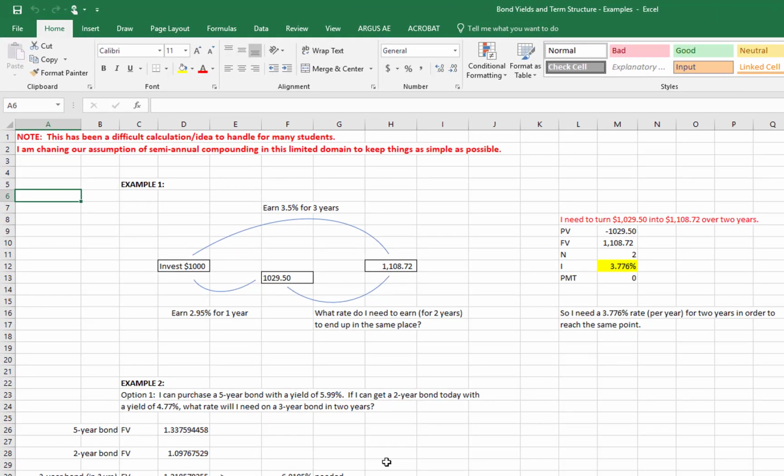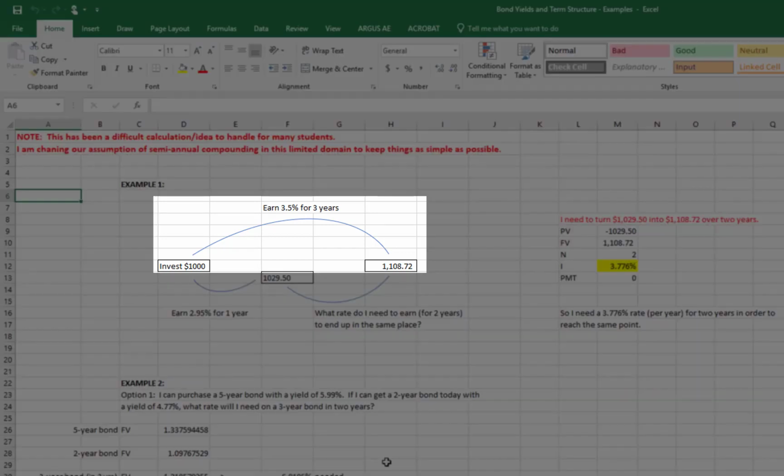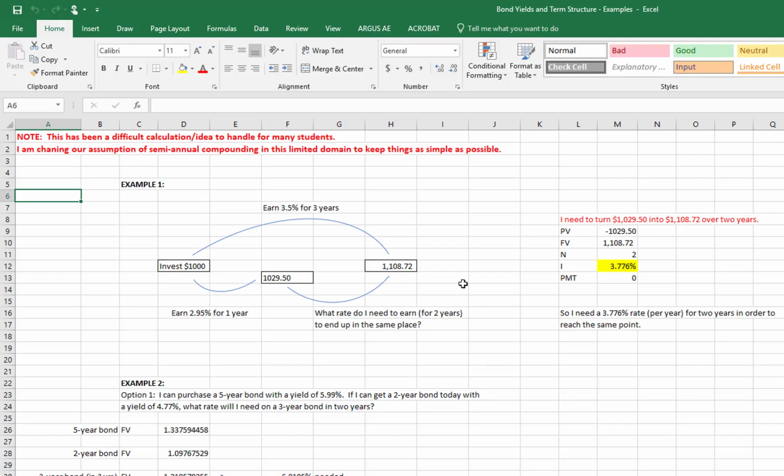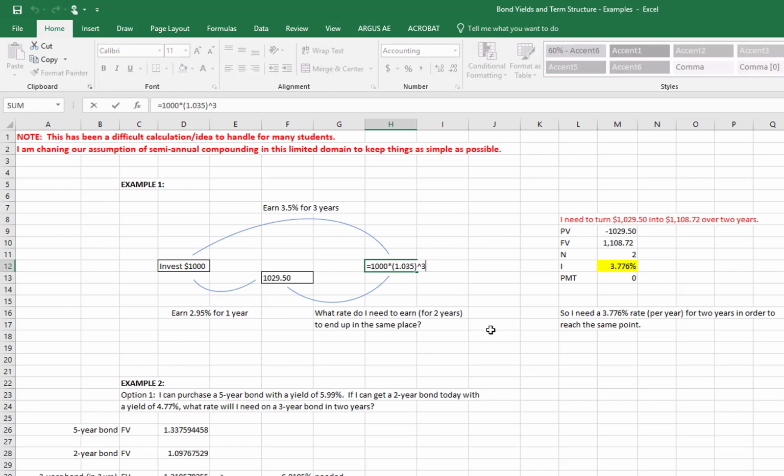So we're going to look at one route that we just talked about, which is turning that $1,000 into $1,108.72, because we're going to be compounding it at 3.5% over 3 years. If you look at this cell here, it's just going to be the future value formula. I'm taking the present value of $1,000 and growing that at 3.5% for 3 periods.